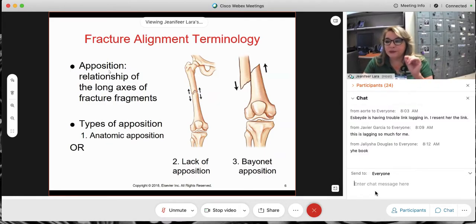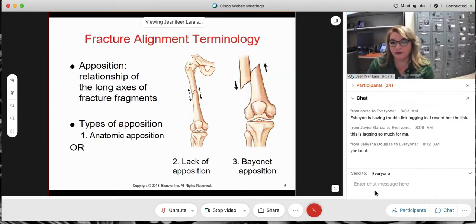Apposition is a word specifically to describe fracture alignment. Okay? So there are different types of apposition.